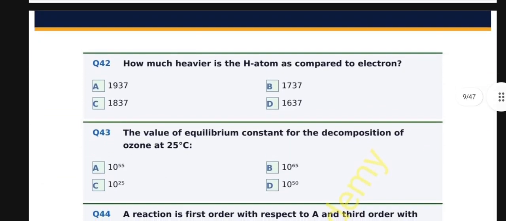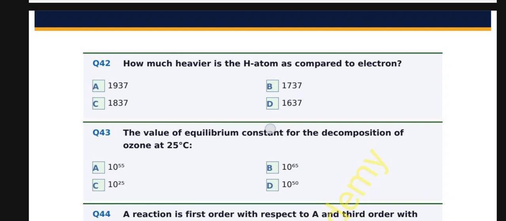Question number 42. How much heavier is the hydrogen atom as compared to the electron? A, 1937; B, 1737; C, 1837; D, 1637. And the correct option is C, 1837. Mass of proton is equal to 1.673 times 10 power minus 27 kilogram.